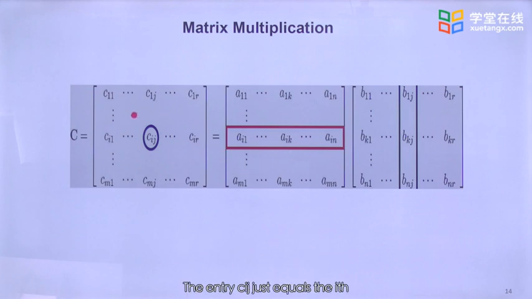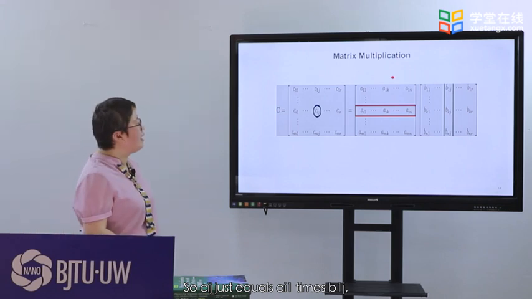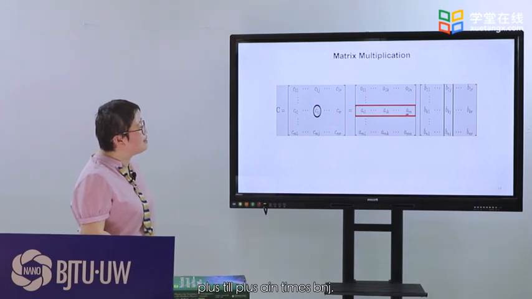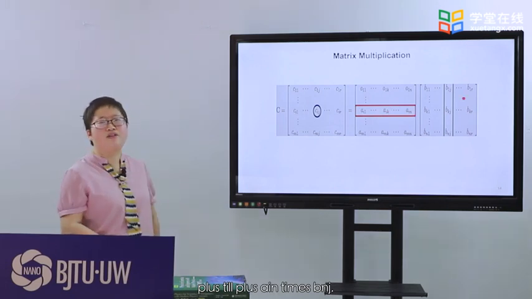The entry Cij just equals the ith row of A times the jth column of B, and you will get Cij. So Cij equals Ai1 times B1j plus dot dot dot plus Aik times Bkj plus dot dot dot plus Ain times Bnj.